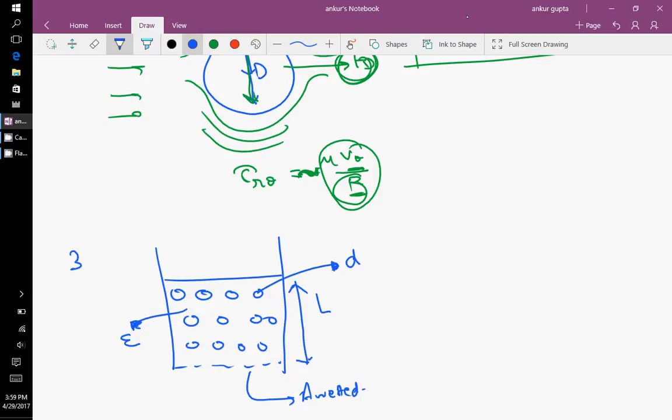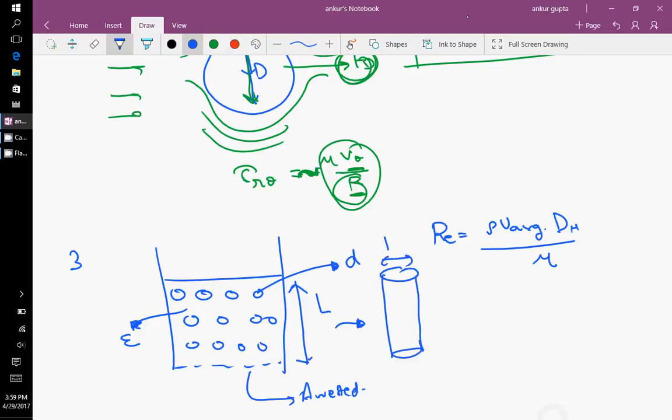The way we define the Reynolds number, and I hope you can remember this, there was also an exam problem on this, was using the hydraulic diameter dh. The way we were doing it was comparing this to a pipe flow which has a diameter of dh.